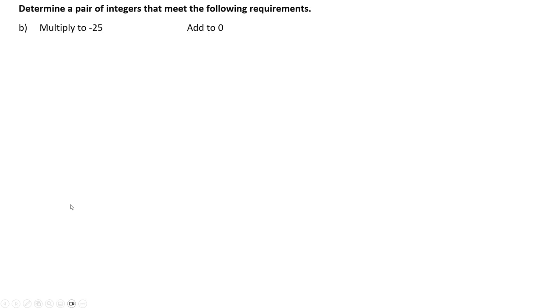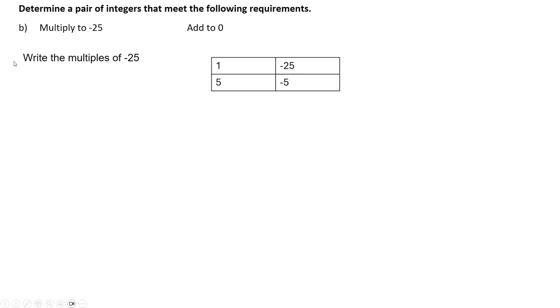In this question, we're asked to find a pair of integers, two numbers, that multiply together to be negative 25, and those same two numbers will add together to be 0. So we'll start by writing the multiples of negative 25. 1 and negative 25, 5 and negative 5.